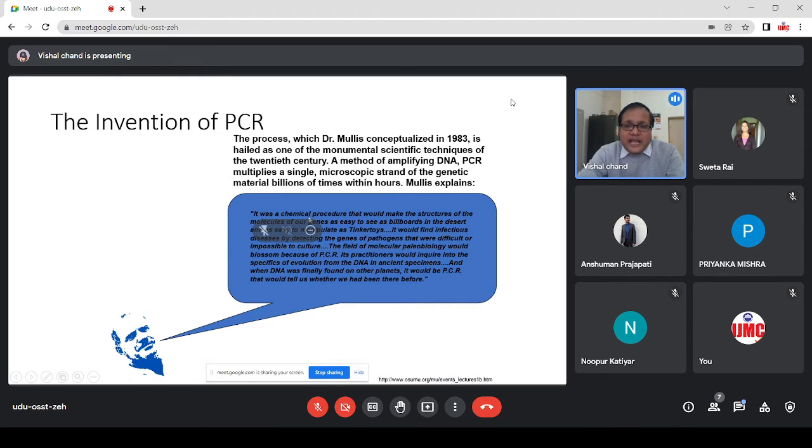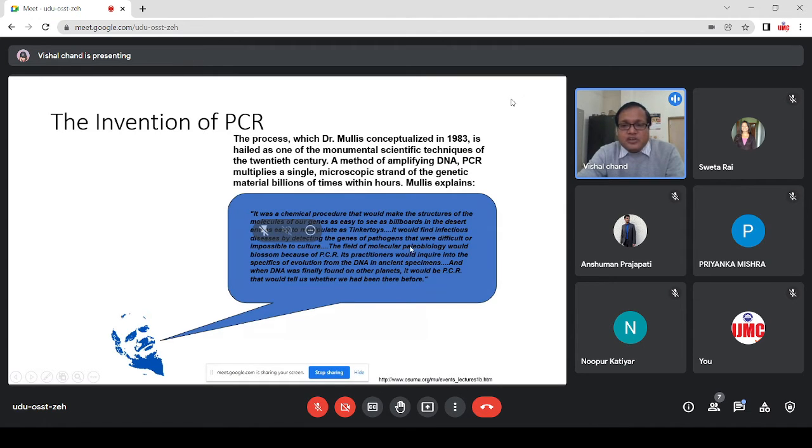It was a chemical procedure that would make the structure of the molecules of our genes as easy to see as billboards in the desert, and as easy to manipulate as tinker toys. It would find infectious disease by detecting the genes of pathogens that are difficult or impossible to culture.